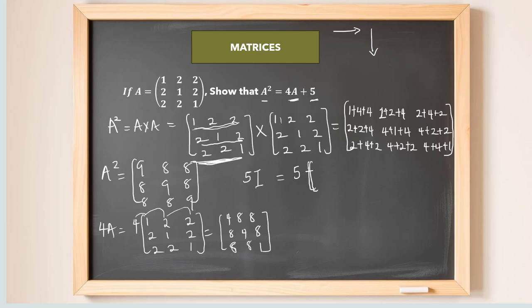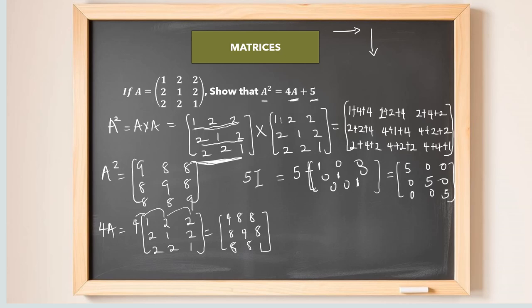That means the diagonals are going to be 1 and the off diagonals are going to be 0. This is how it looks. And if your 5 is multiplying this, here we're going to have 5, 0, 0, 0, 5, 0. The off diagonals are going to be 0 and the diagonals are just going to be 5.